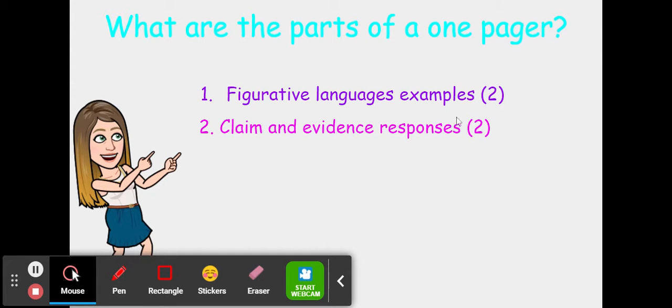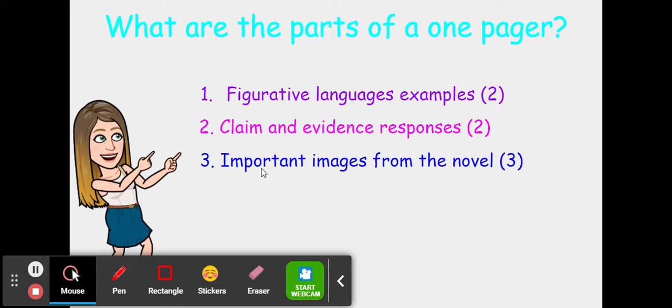Okay. Second part, you're going to answer 2 questions that I give you, and you're going to support your claim, whatever your response, your answer is to the question, with evidence from the text, right? Remember we did claim, evidence, response? So you're going to have 2 of those questions to complete. Okay.